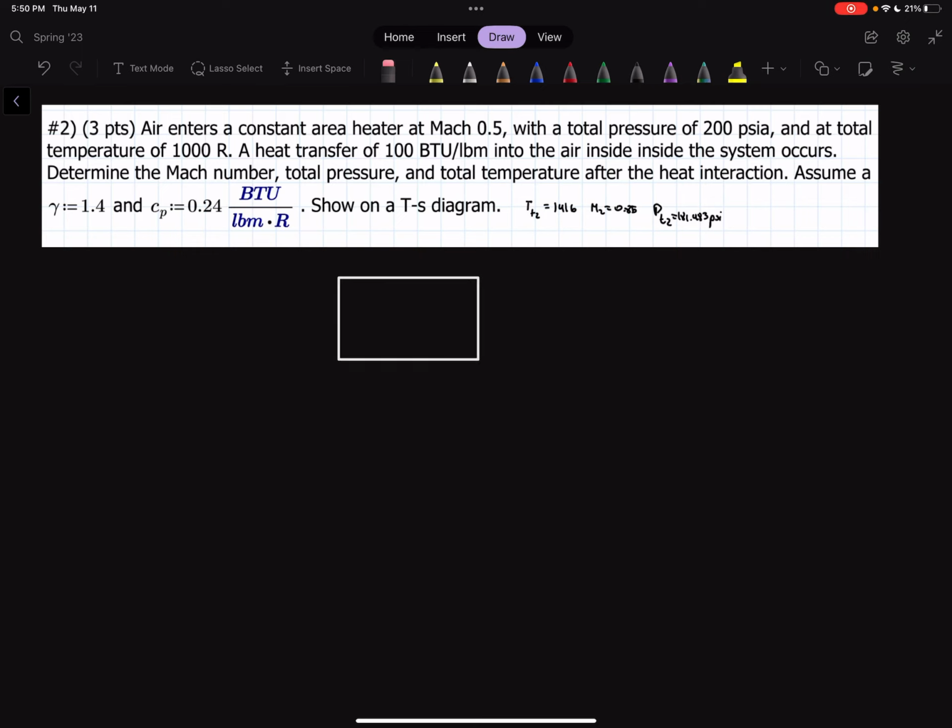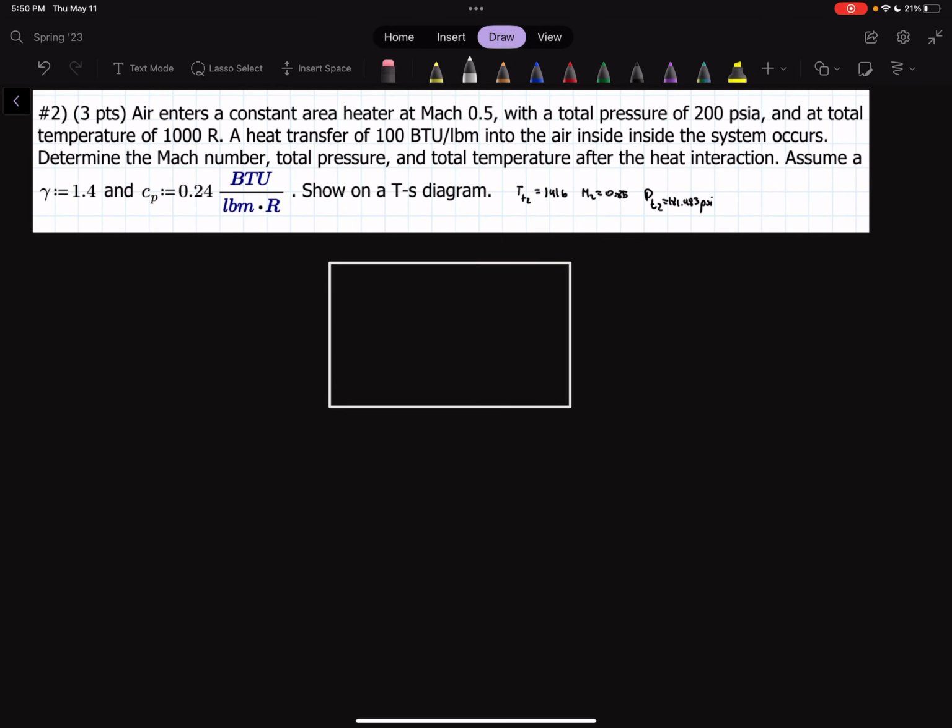So what's happening? We've got a constant area heater, with some form of heat coming in here. We'll call this Q dot because it's a rate. Determine the Mach number. Well, we have a Mach 1 in here.